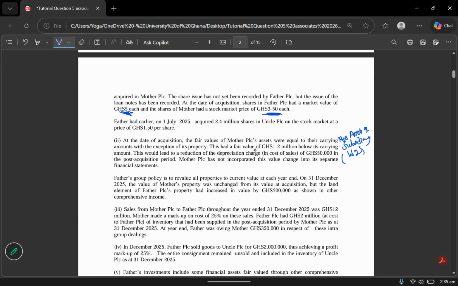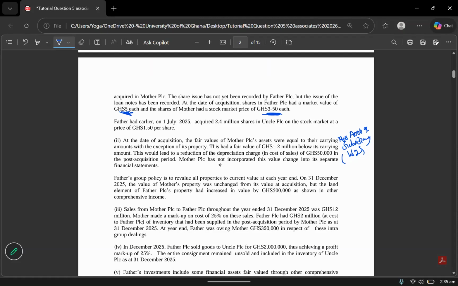Remember I said the net assets are supposed to be at fair value. So when they acquire the subsidiary, they revalue the assets of the subsidiary to know whether the current amount in the books is the same as the fair value when you go to the market.